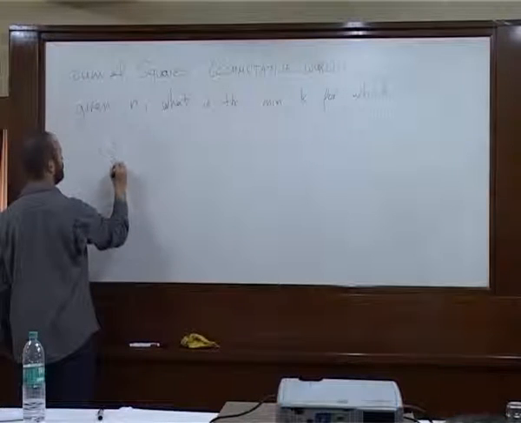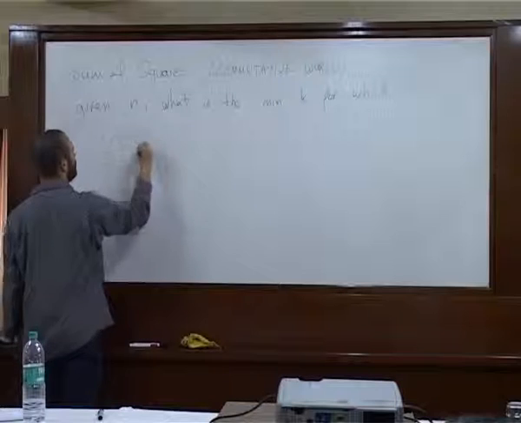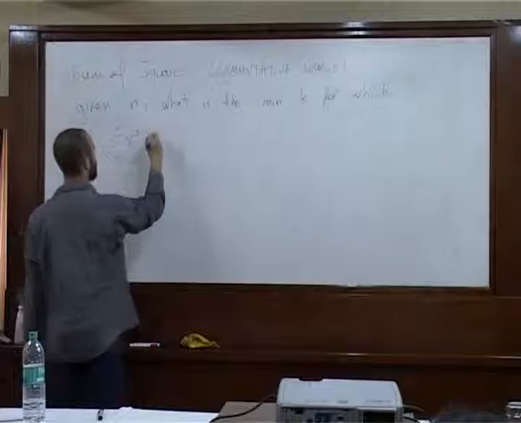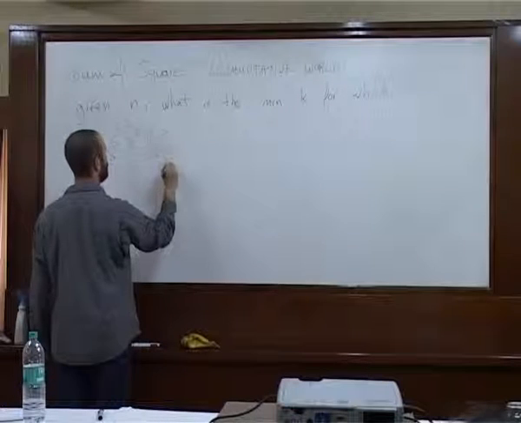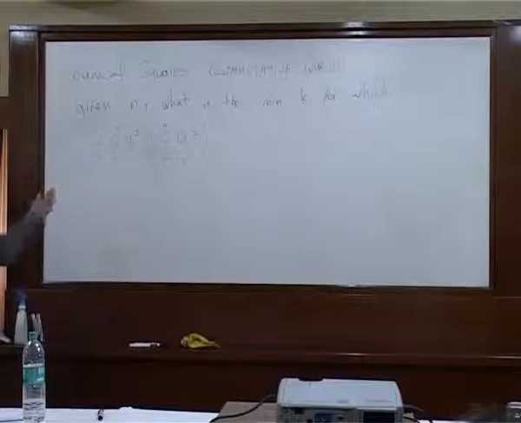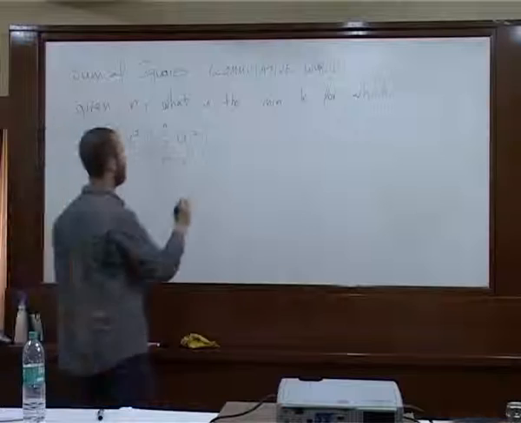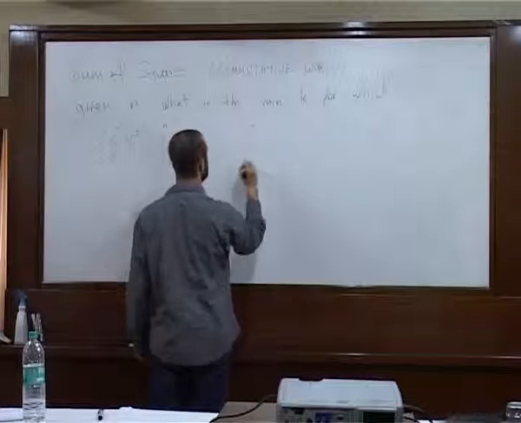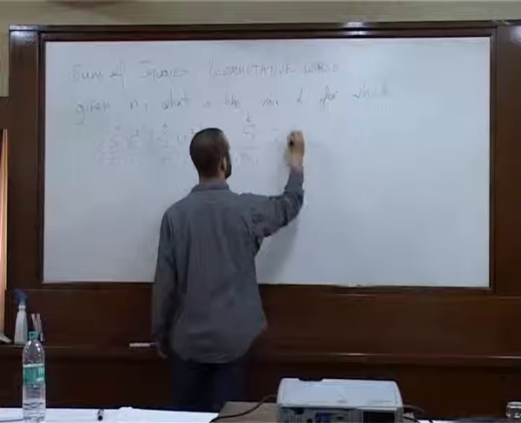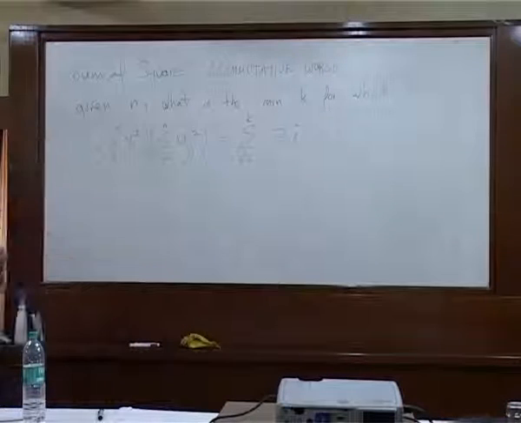We write this simple polynomial, and beside it write this simple polynomial, and we multiply them. And now we want to write this in the following way. We want to write it as a sum of squares.